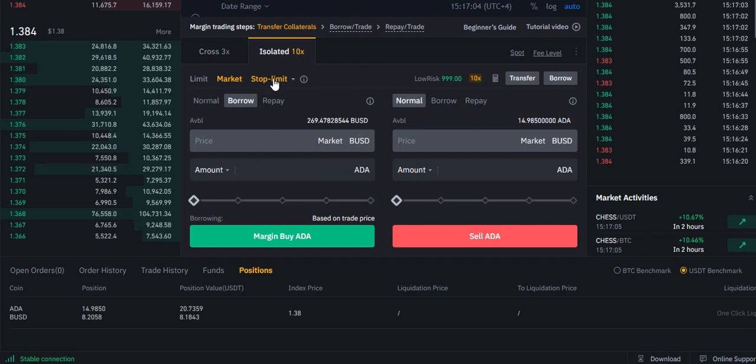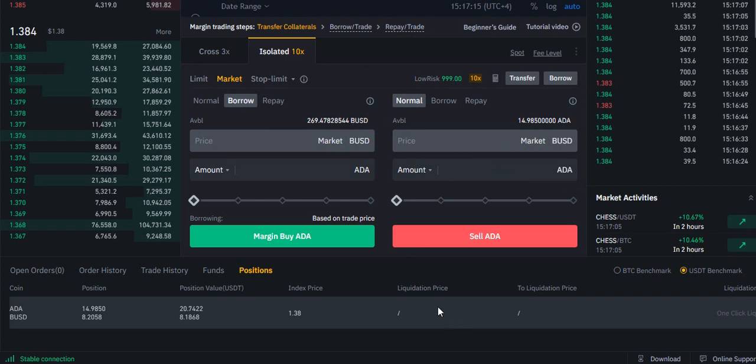I will give you the formula and the description link. You just check the formula for cross margin as well as for isolated margin. So this is all about isolated and cross margin.